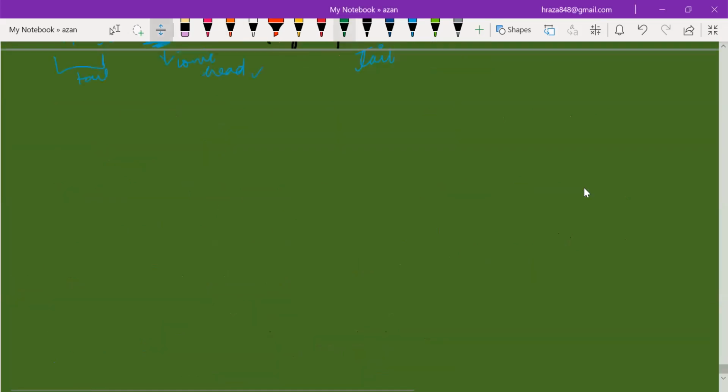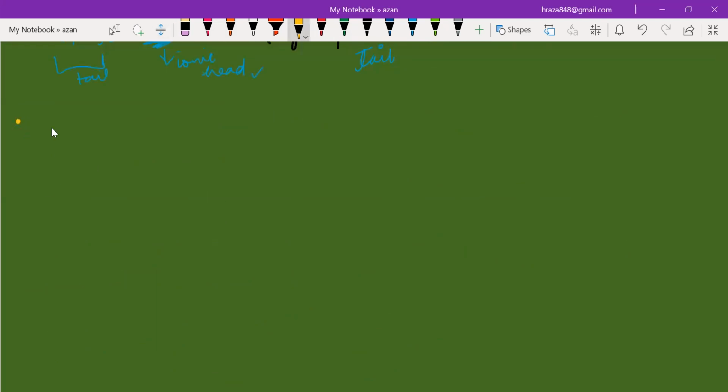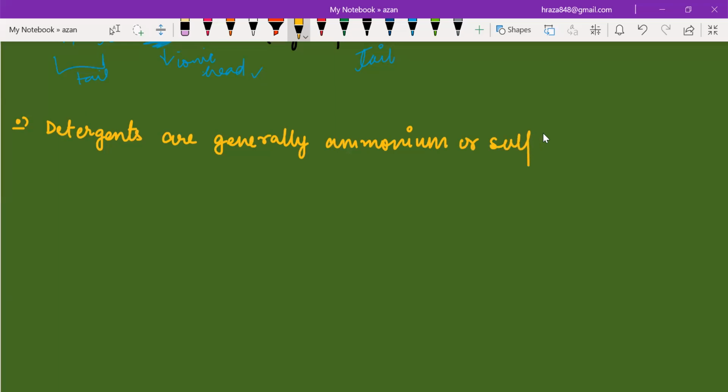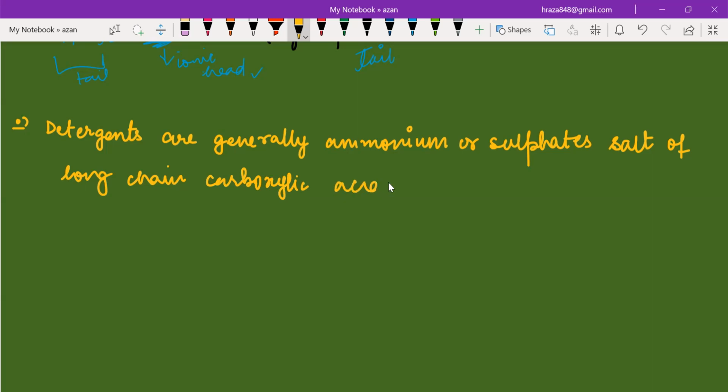Now we are going to talk about detergent. Write a point about detergent. There is a difference between the two. Detergents are generally ammonium or sulfate salts of long chain carboxylic acid.